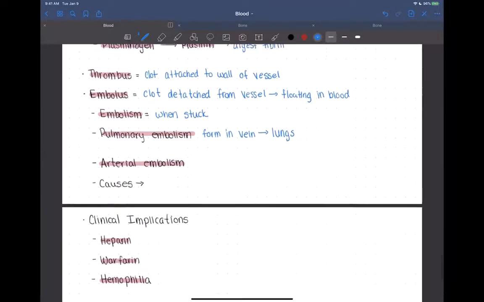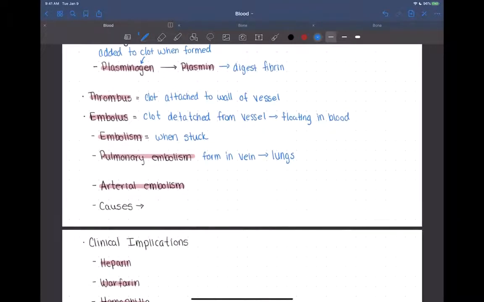Okay, and then you can have arterial embolisms. So this would be an embolism in a smaller capillary out in the tissues. All right, and so this would start in systemic blood. So it forms in an artery.